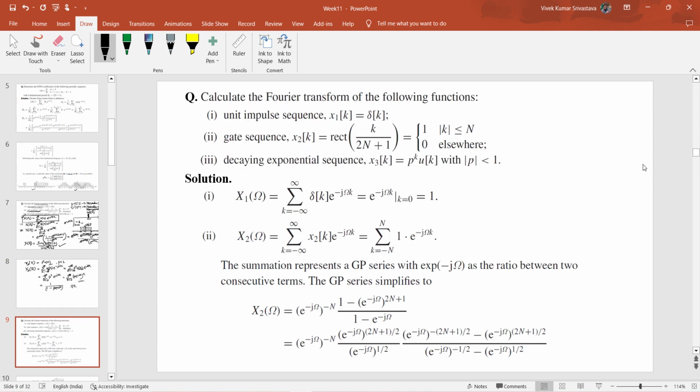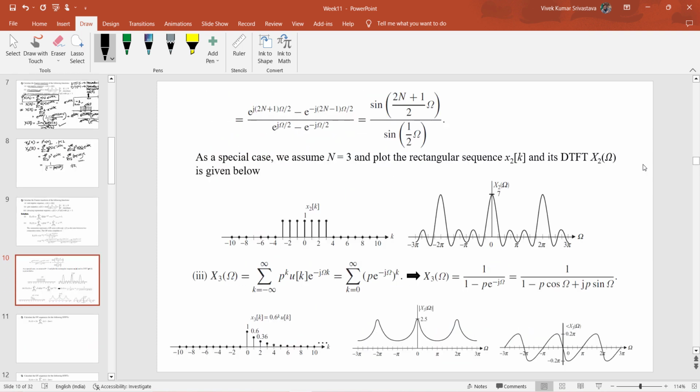So here is the solution of these three signals, the Fourier transform evaluation of the three signals that we have seen, and the plots corresponding to these signals are also given here. In the second part of the problem we saw a rectangular signal, and corresponding to this we got this kind of Fourier transform.